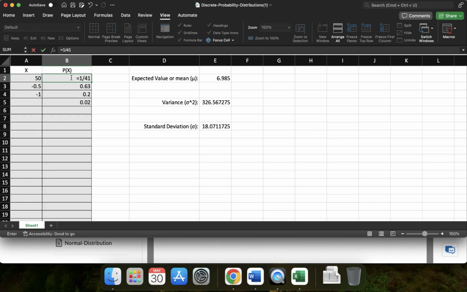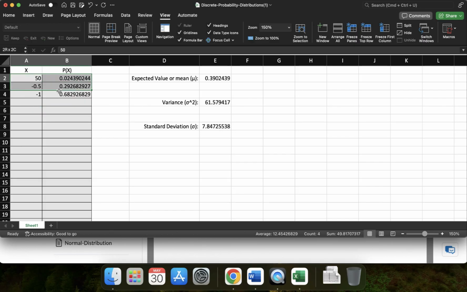That does division 1 divided by 41. If you want to do 12 divided by 41 equals 12 / 41. Then the last one equals 28 / 41. Press enter. And that's it. So here's the whole distribution placed into the file. And it gives us an expected value of 39 cents, 0.39.